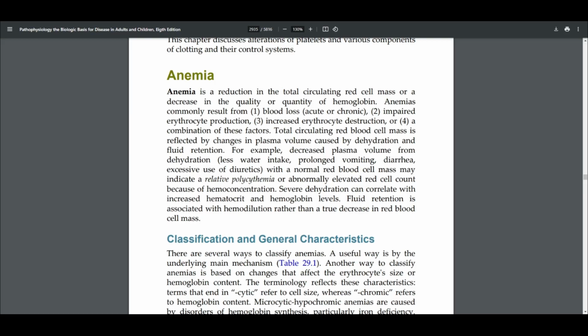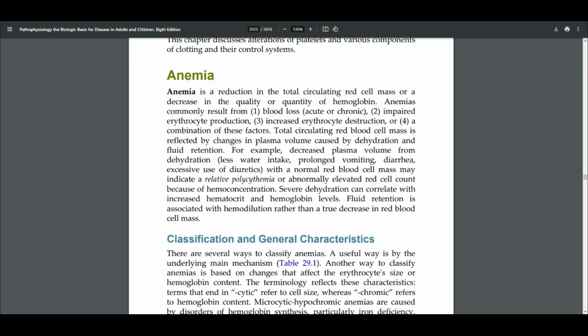Anemia is a reduction in the total circulating red cell mass, or a decrease in the quality or quantity of hemoglobin. Anemias commonly result from blood loss, impaired erythrocyte production, increased erythrocyte destruction, or a combination of those factors. Total circulating red blood cell mass is reflected by changes in plasma volume caused by either dehydration or fluid retention.